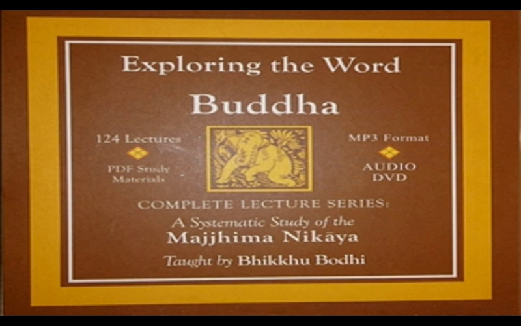It actually turns out that literally there aren't taints that should be abandoned by seeing, if we take the three principal taints. But what is to be abandoned by seeing are the first three of the ten fetters that bind a person to the round of samsara, the round of rebirth.